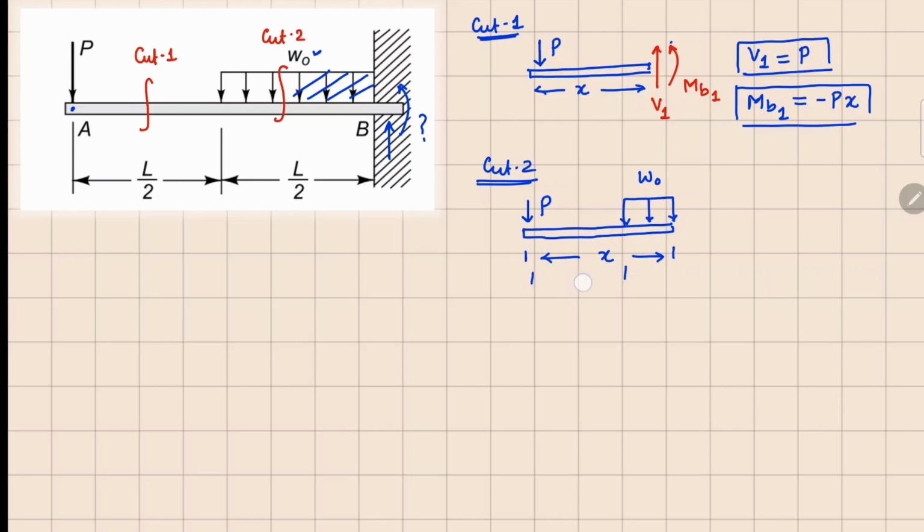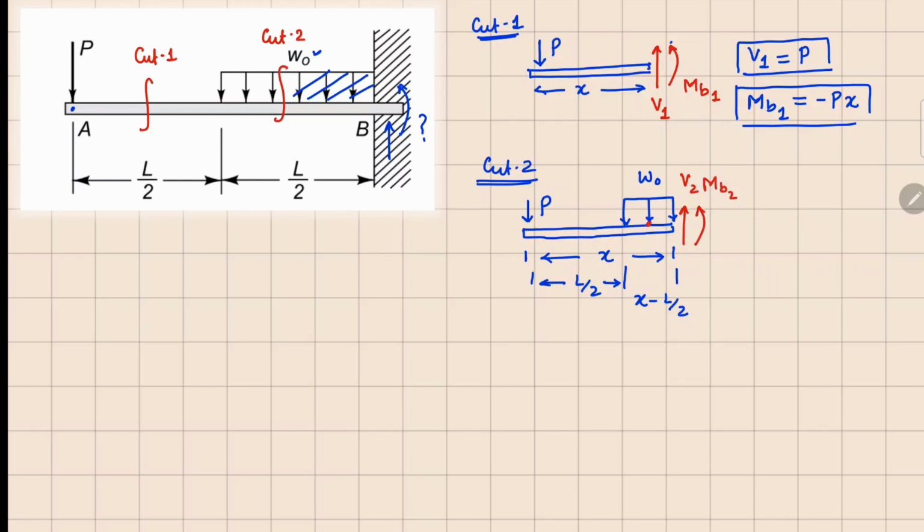Since this one is L by 2, this part where your UDL is acting is going to be x minus L over 2. Now positive phase again, so we are going to have your shear force V2 and MB2 acting in this manner.